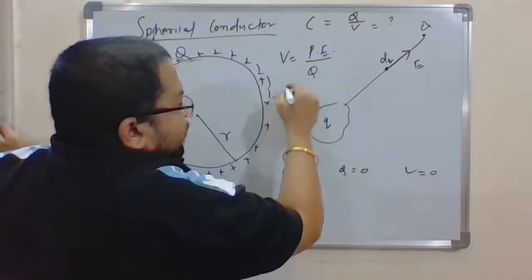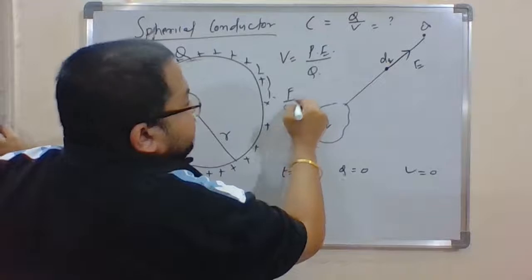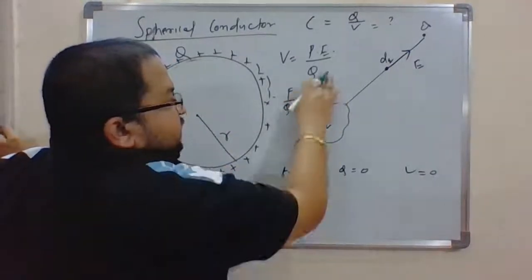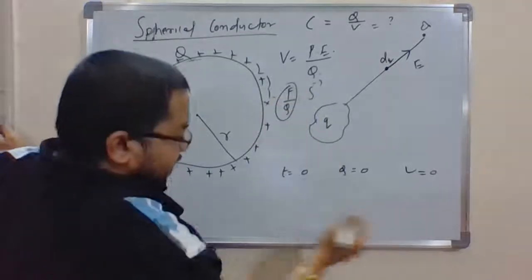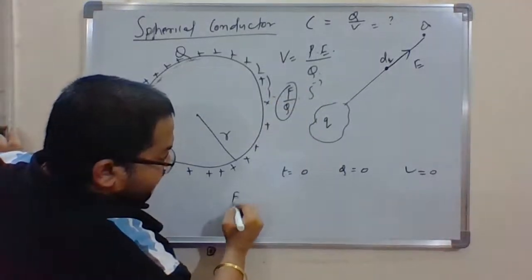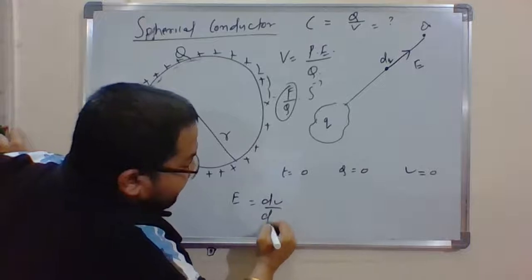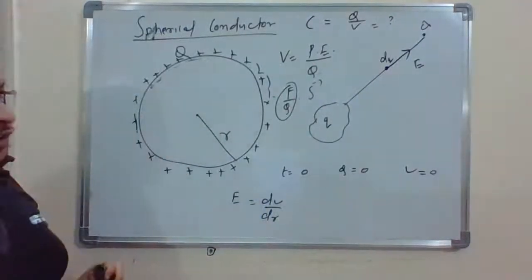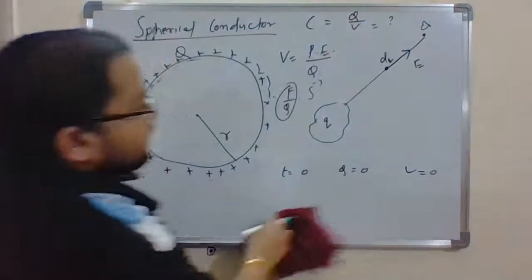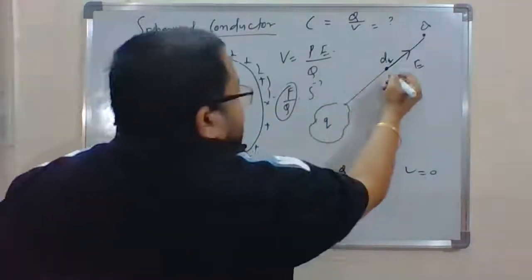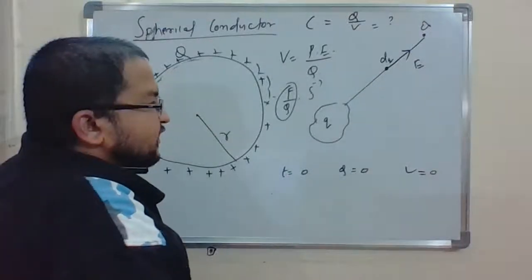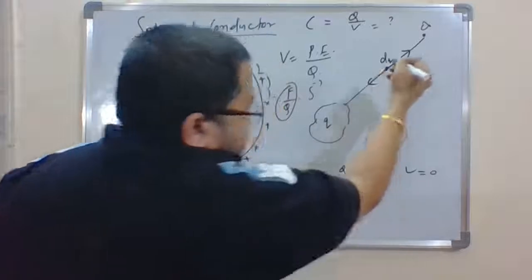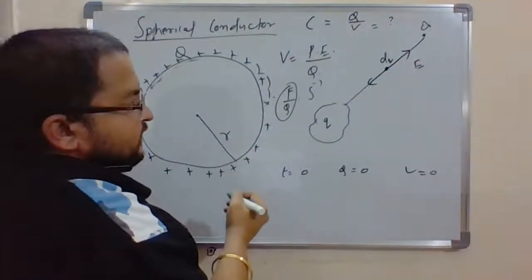So that is why I'm taking force per unit charge, and I integrate it with displacement. That's why I'm taking E. Or we know E equals dV by dr. We are fundamentally trying to use it. So that is the reason why we are doing it like this. Now, there would be an electric field E in that direction, and my displacement is in this direction, right?